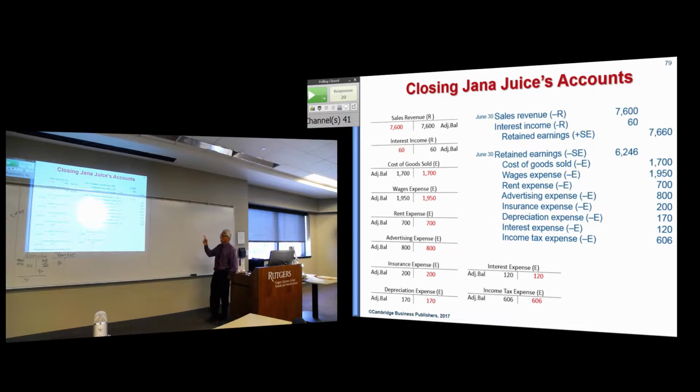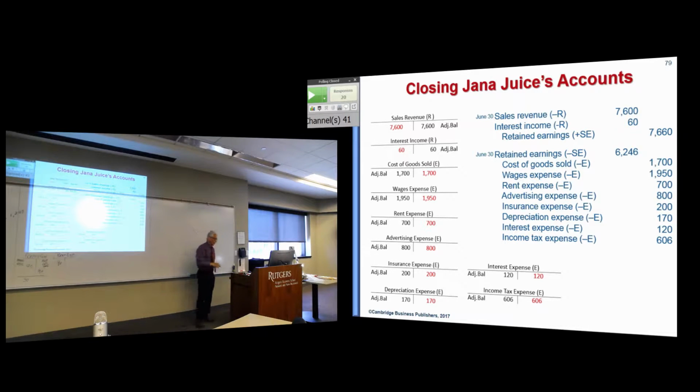And these are what closing entries look like. The first closing entry debits all of the revenue. So it debits sales revenue, it debits interest revenue, and credits retained earnings for the total. The second closing entry debits retained earnings for the total of all of your expenses. So you have to credit every one of those expenses. You zero those expenses out, and you debit retained earnings for the total.